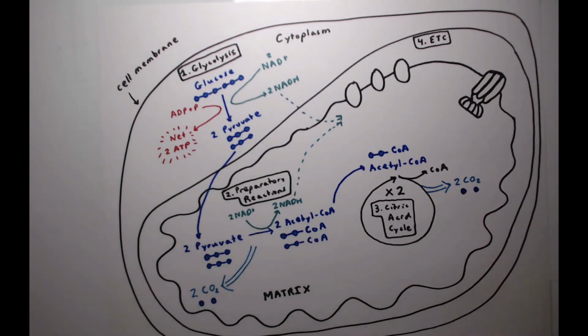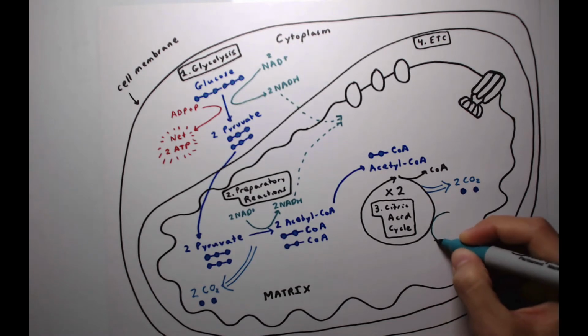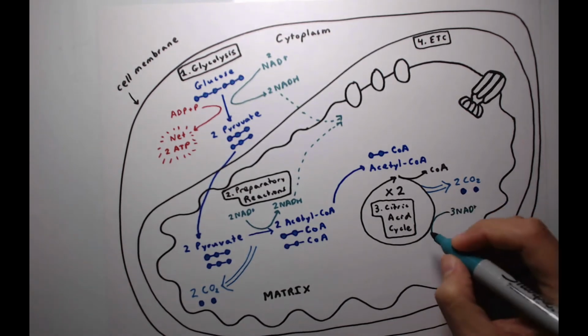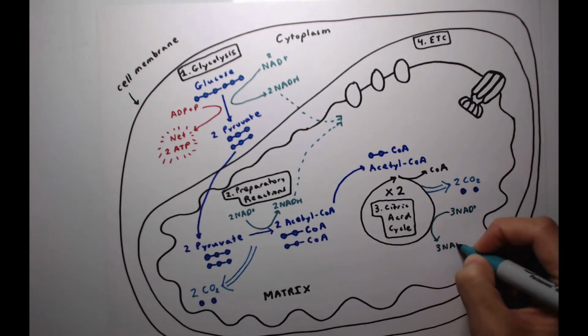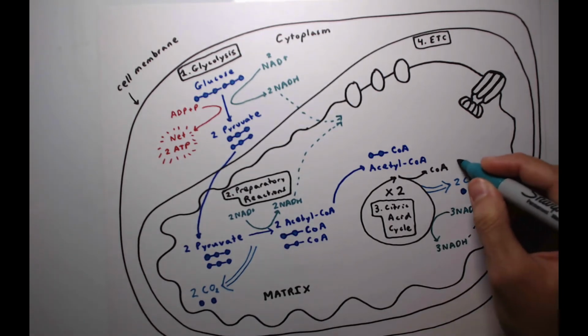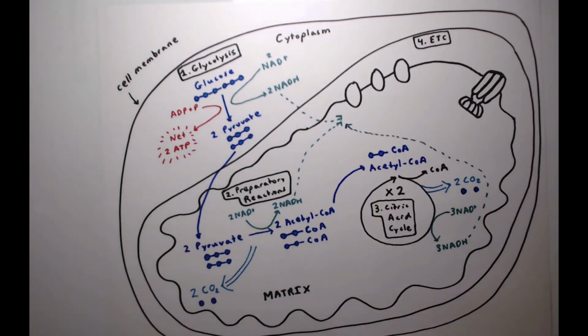It is important to note that the citric acid cycle produces the most electron carriers of any stage of cellular respiration. For each acetyl-CoA molecule that enters the citric acid cycle, 3 NADH molecules are produced. These 3 NADH molecules are going to make their way to the electron transport chain.